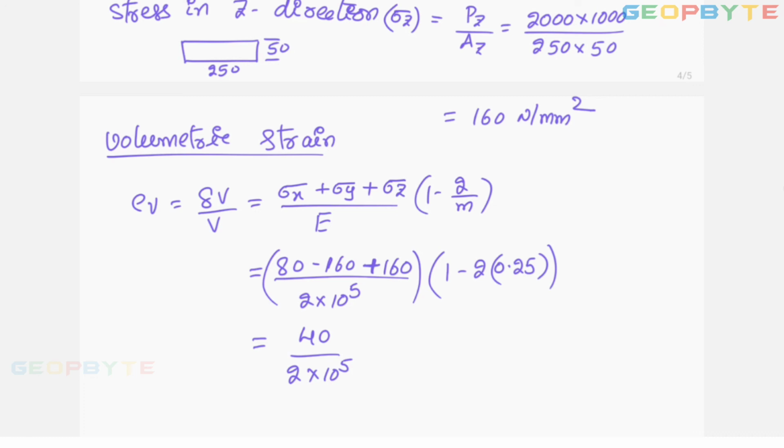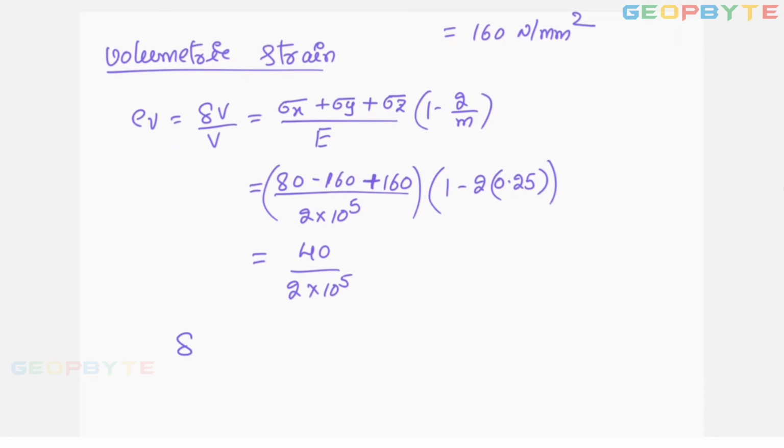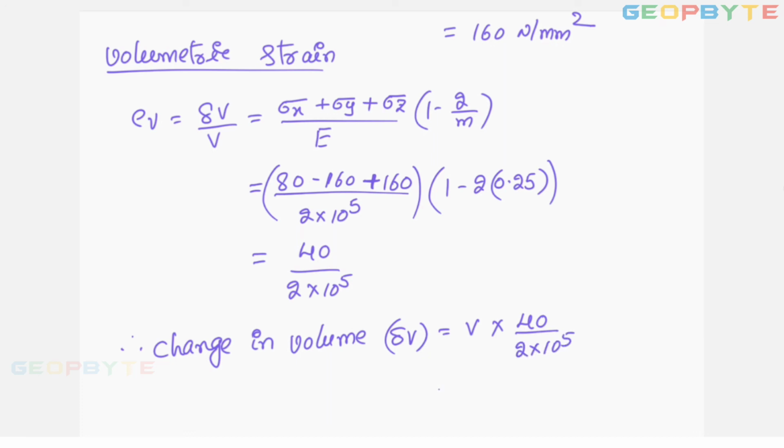Then the change in volume equals original volume into 40 divided by 2 into 10 power 5.